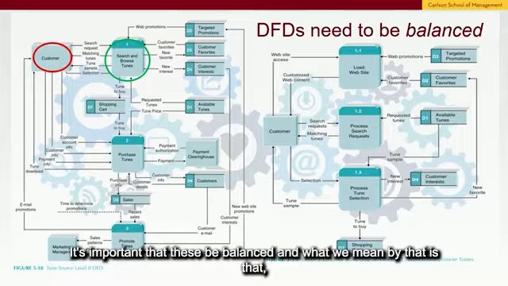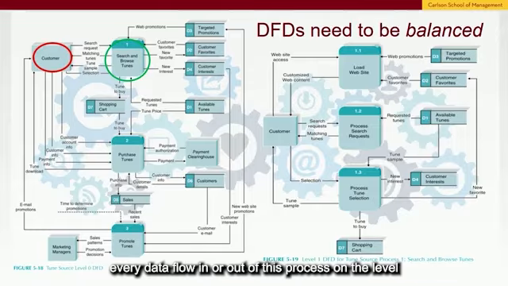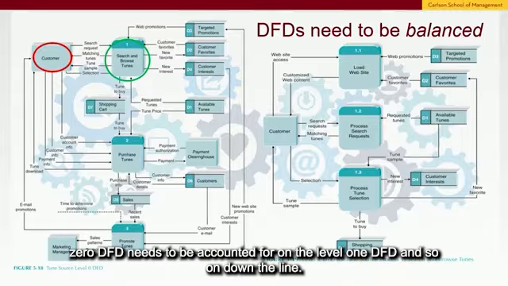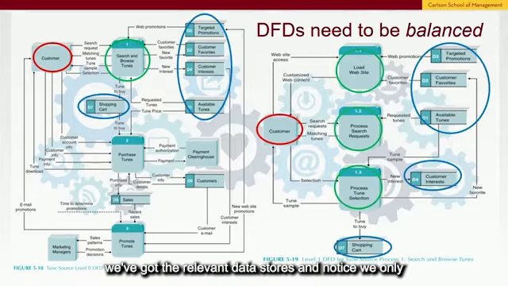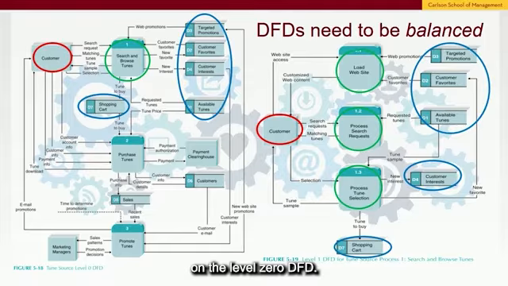It's important that these be balanced, and what we mean by that is that every data flow in or out of this process on the level 0 DFD needs to be accounted for on the level 1 DFD, and so on down the line. So in this case, we've got the relevant data stores, and notice we only include data stores that interact with process 1 on the level 0 DFD.